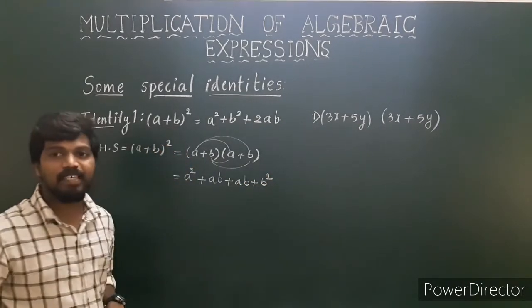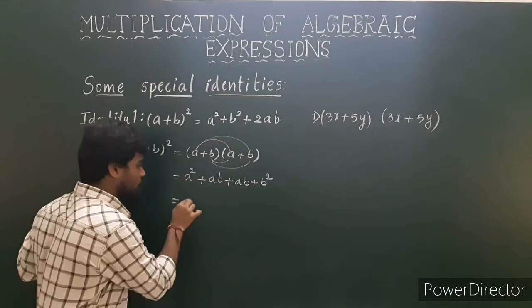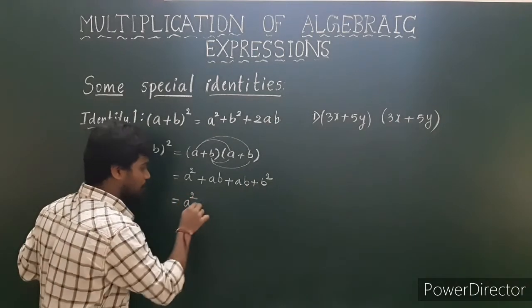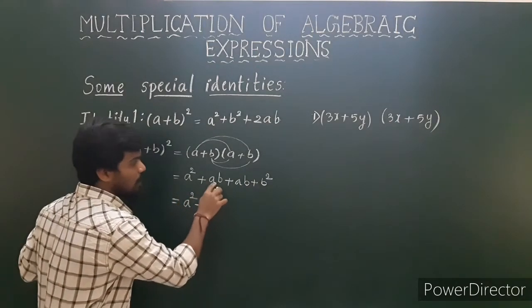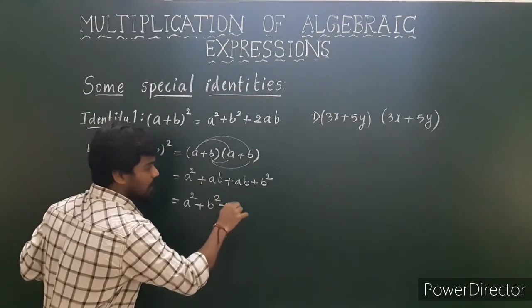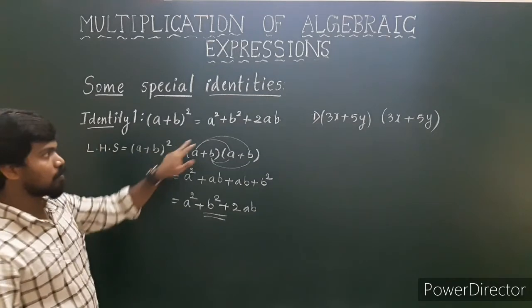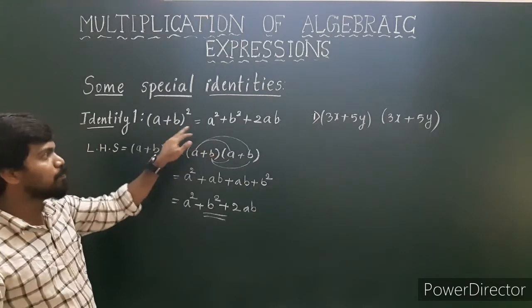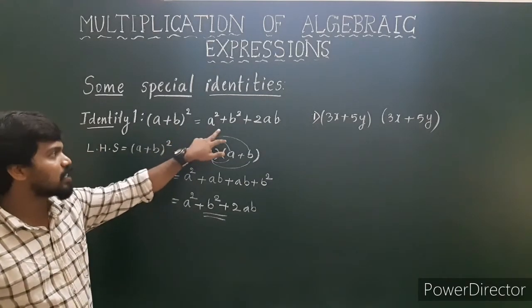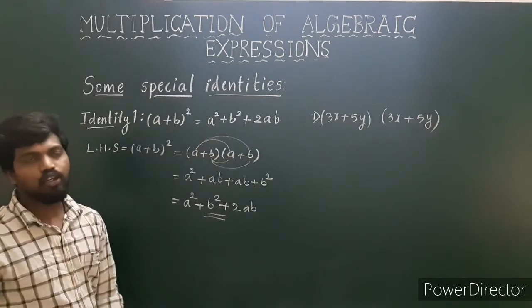So now write a square plus b square, ab plus ab, that means like terms, 2ab. So this is the proof for a plus b whole square is equal to a square plus b square plus 2ab.